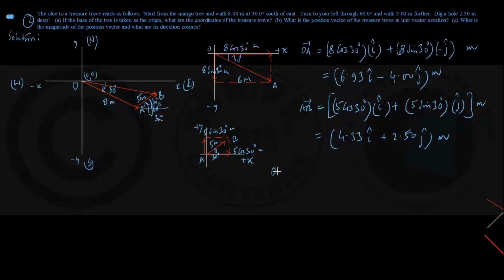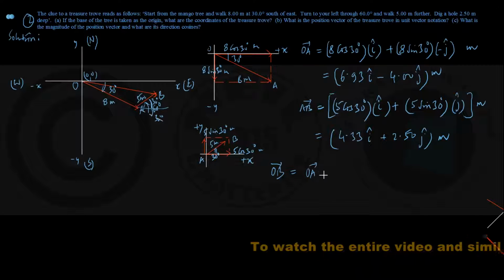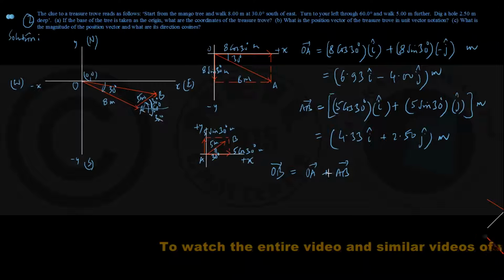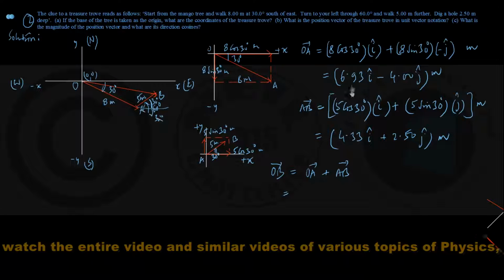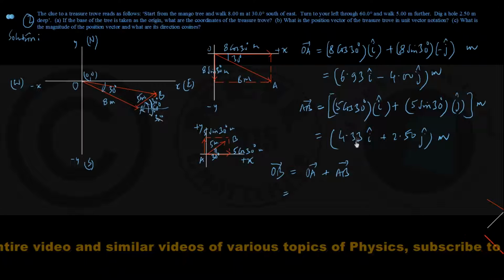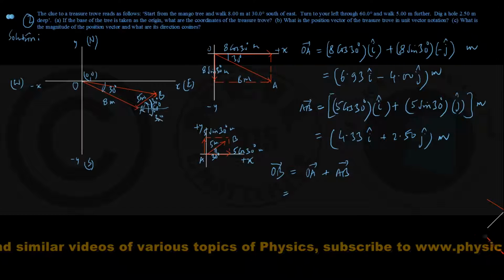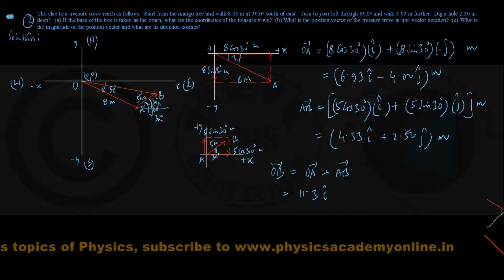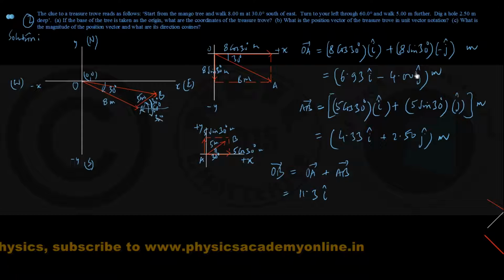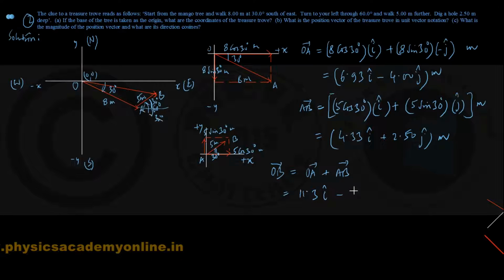So the displacement of the hunter on the ground is given by OB, which is OA plus AB by the triangle law of vector addition, and since you have both OA and AB expressed in terms of i and j, simply go for adding 6.93 plus 4.33, rounding off to 3 significant figures. This is coming out to be 11.3 i. Just check it. Similarly, minus 4.00 j plus 2.50 j is coming out to be minus 1.50 j cap.